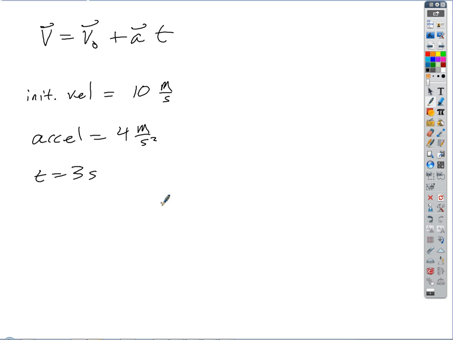Well, that's V0, right? So we're going to get 10 meters per second plus, what's my acceleration? Positive 4 times time, 3 seconds. Well, what do we get? We get 10 meters per second plus... what happens to my units if I multiply meters per second squared times seconds?